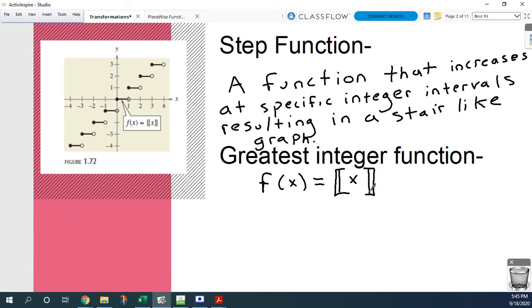So remember the notation for the greatest integer function, which is a specific type of step function, is going to be the double-backed hard bracket. Notice that we can plug in any number for our x. But for our y, we're only going to get out whole numbers, which means that this is going to be all integers.